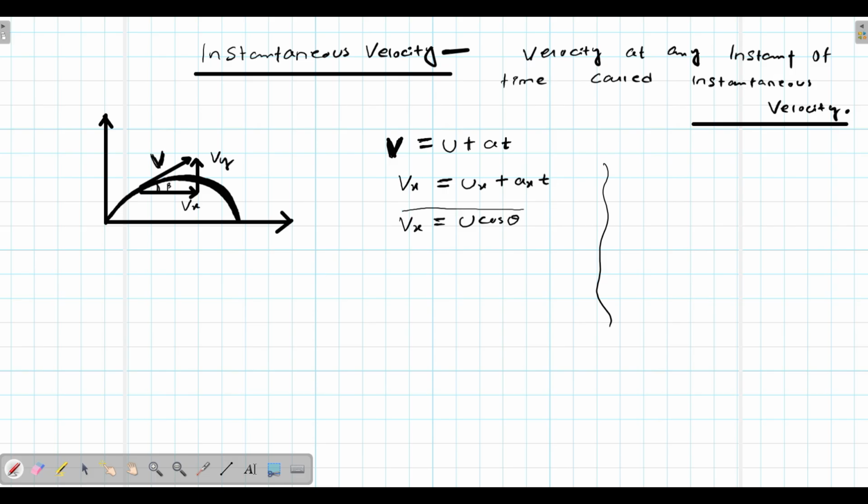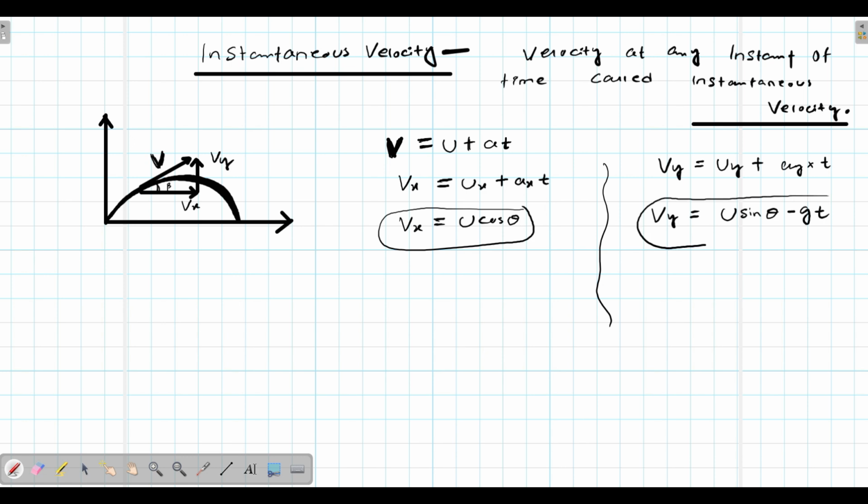Similarly, Vy equals uy plus ay into t. Vy equals u sin theta minus gt. So Vx is u cos theta, Vy equals u sin theta minus gt. Now we have to find the resultant velocity.